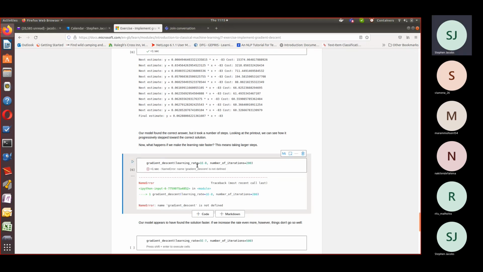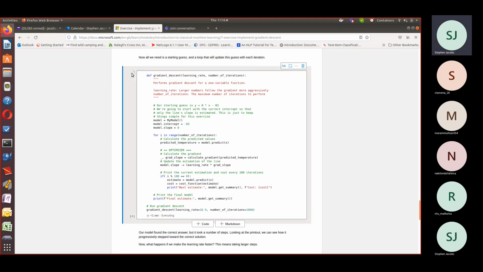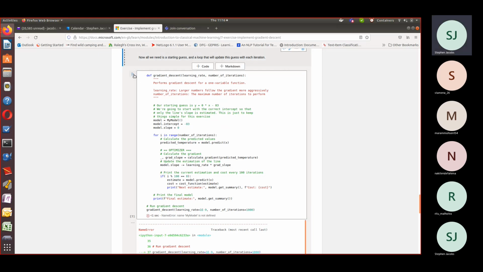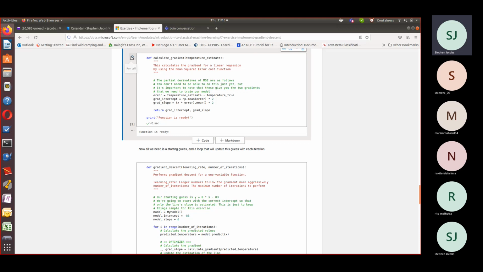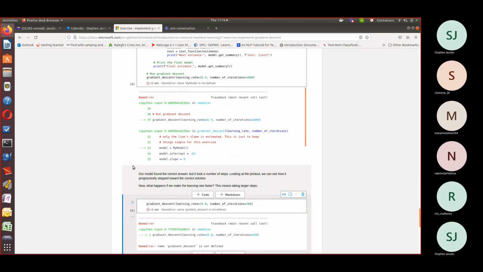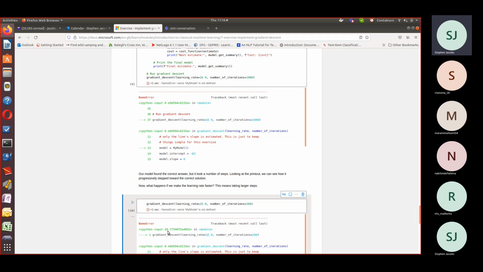Name error, gradient descent not defined. Sorry? I need to do the one before. Let's try. Aha. No, that didn't work either, so I'll do the one above that. I think it might be here. That one's fine. And that one. Yep. Then this one. I think run gradient descent.